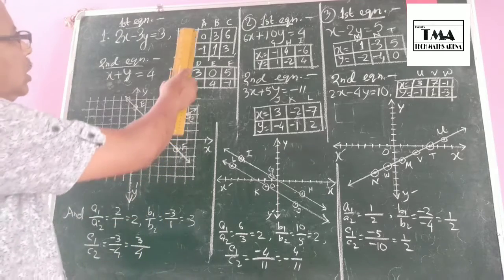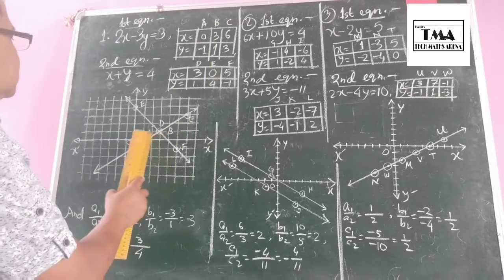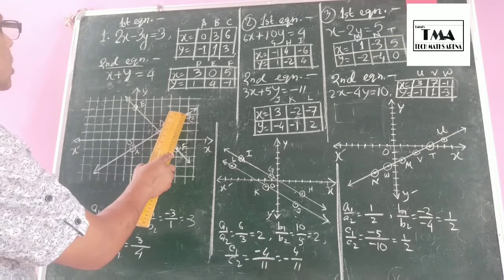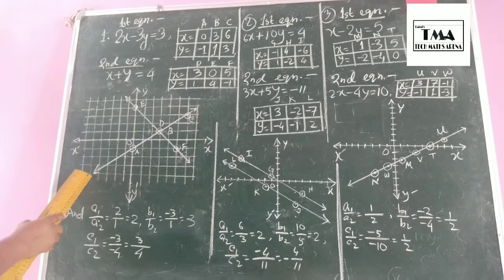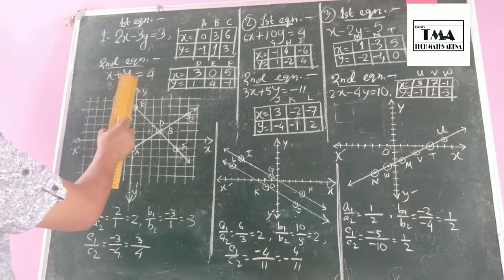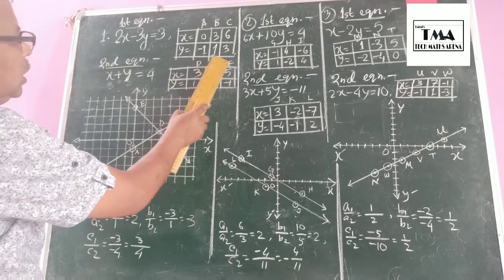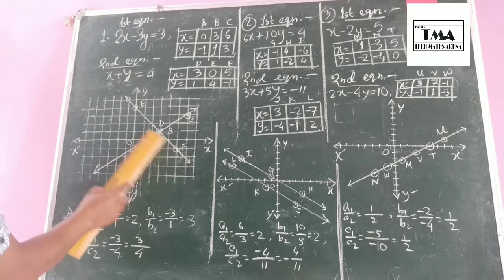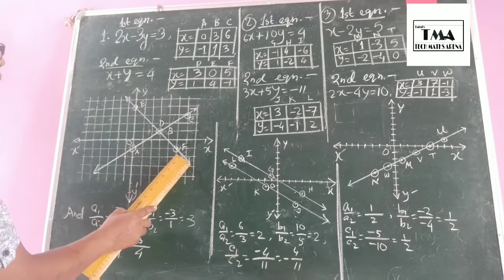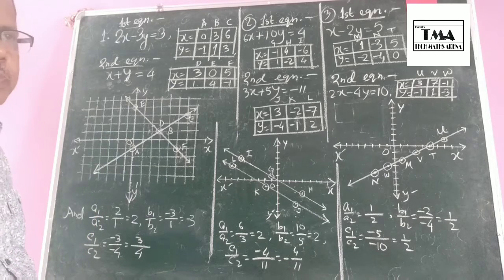Now, plotting A, B, C, through them we have got the straight line. And from the second equation, plotting D, E and F, through them we have got the second straight line.